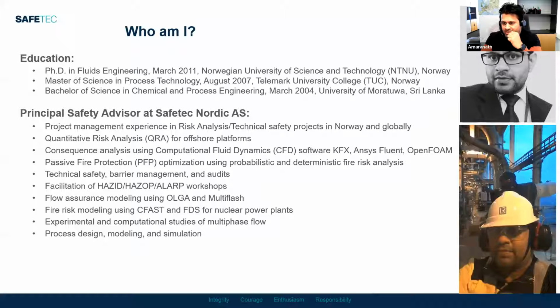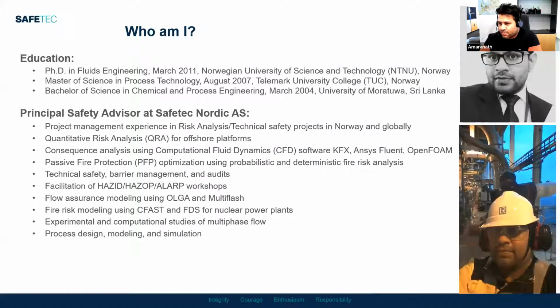My key areas of competence are quantitative risk analysis for offshore platforms, and I have worked quite a lot with consequence modeling with CFD. When it comes to oil and gas risk analysis, fire and explosion modeling. And I also work a lot with passive fire protection optimization.